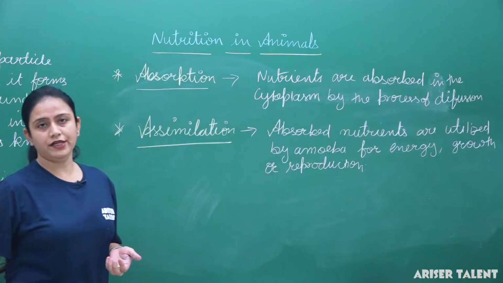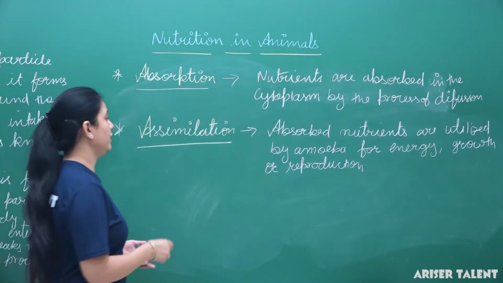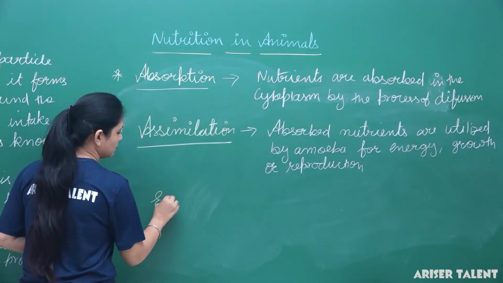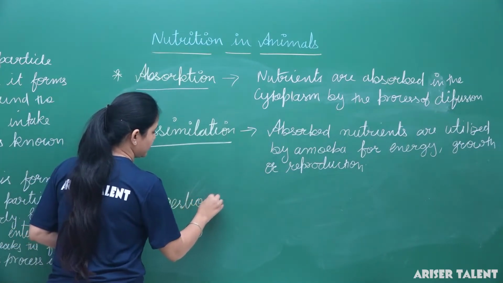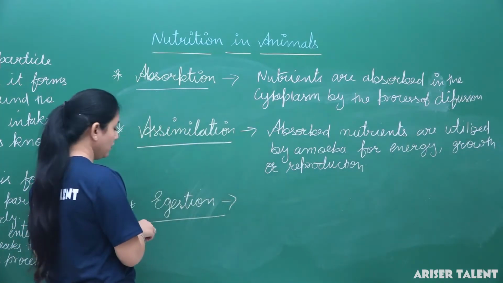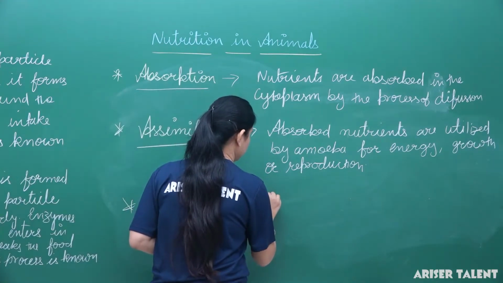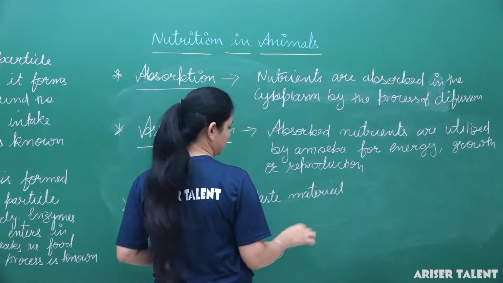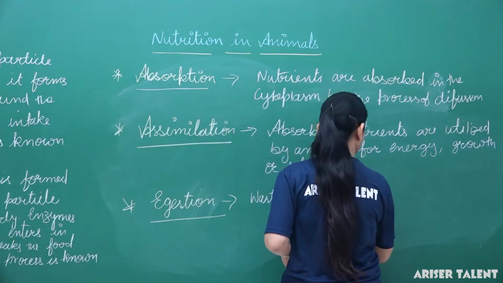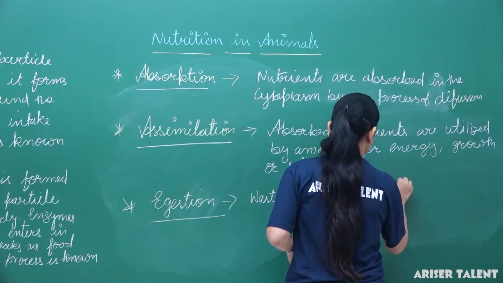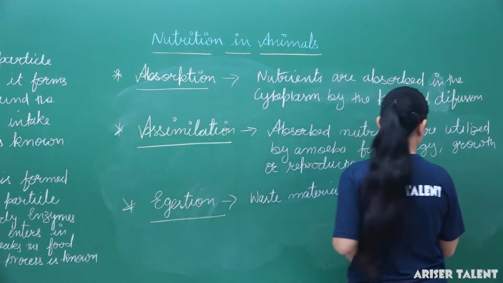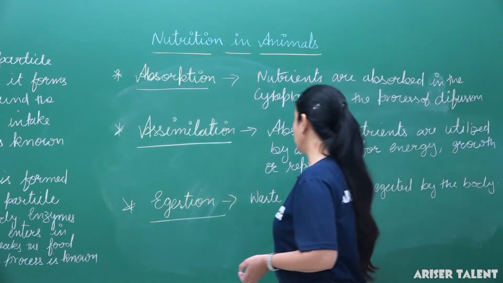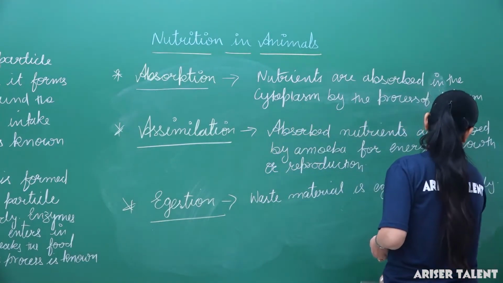Then whatever waste material is there, it is ejected by the body. This process is known as egestion. Waste material is ejected by the body of amoeba.